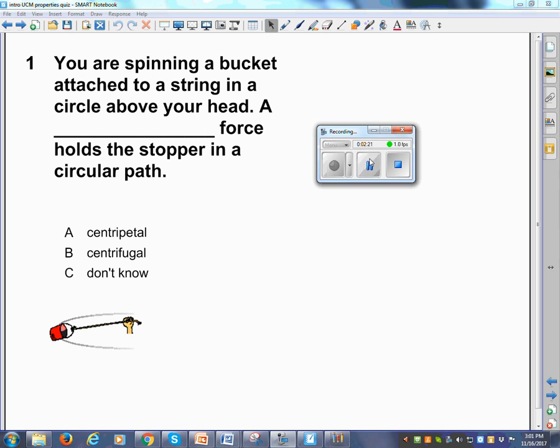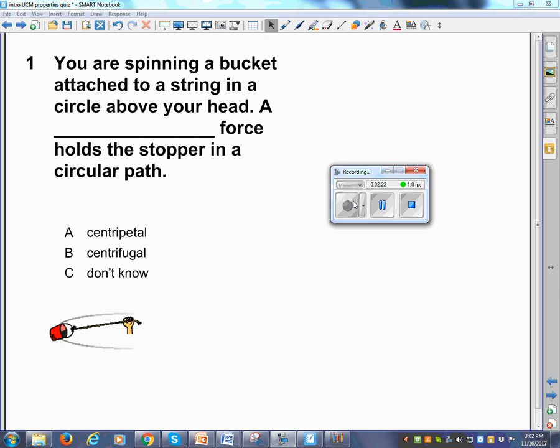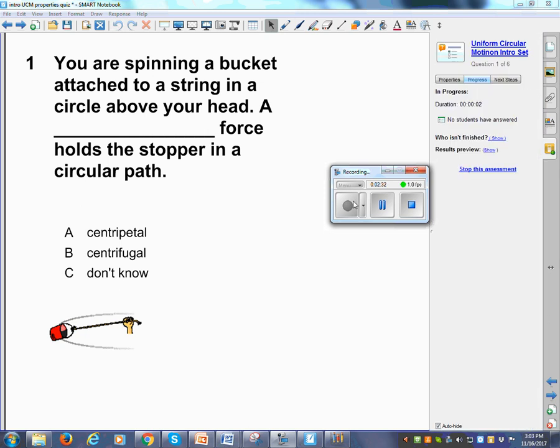Okay, so the question is, you are spinning a bucket attached to a string or a rubber stopper, like so. What force holds the stopper in a circular path? Is it a centripetal force, a centrifugal force, or C, I don't know, which I will tell you is not the correct answer.